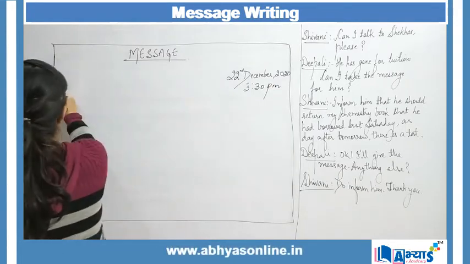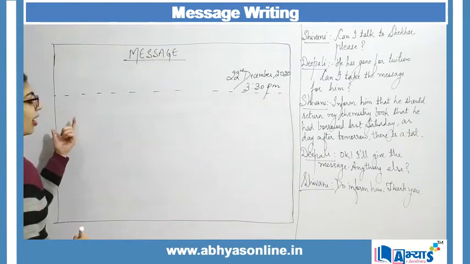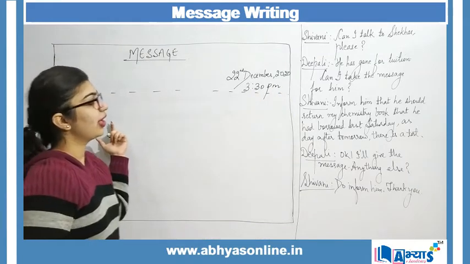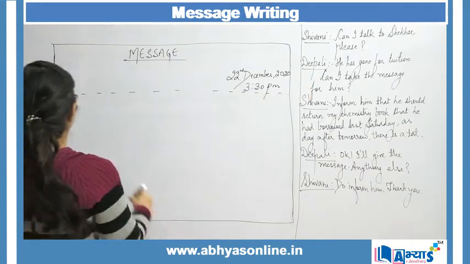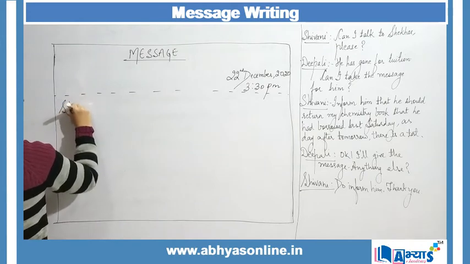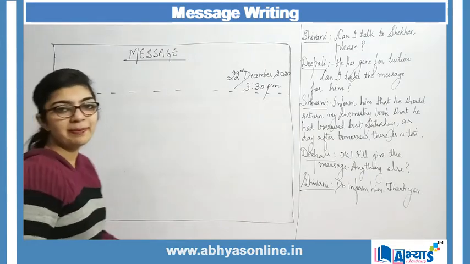Now I will leave a line over here and then I will have my salutation. In the salutation I have to write the name. The name is Shekhar. And then I will begin my message.